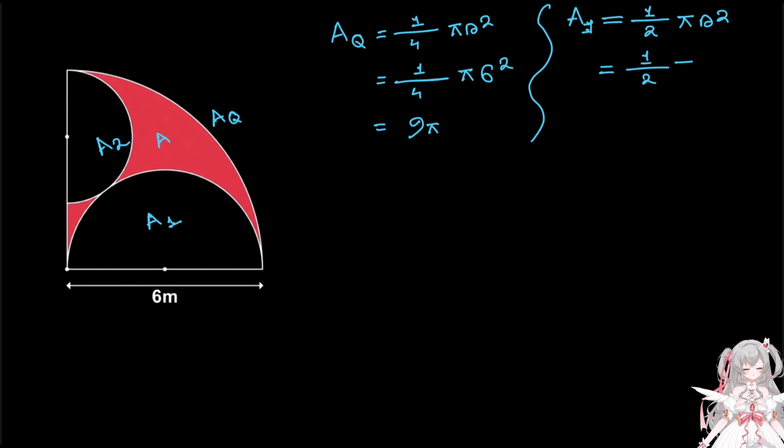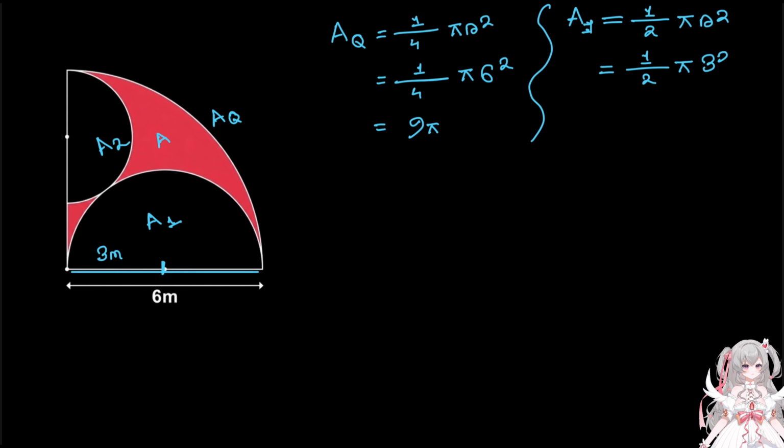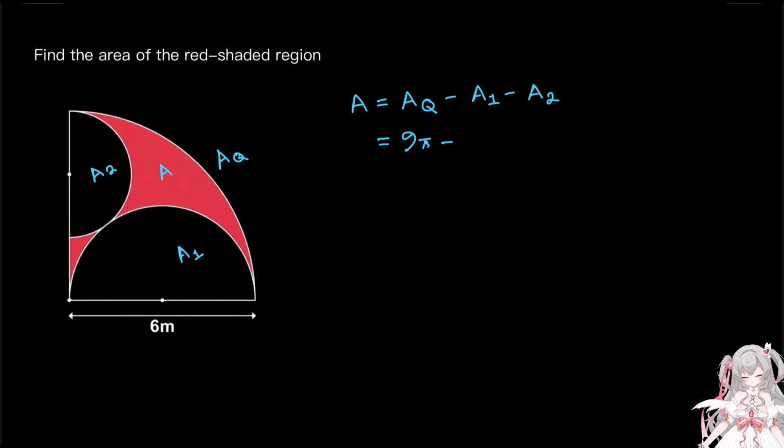And then finding the radius. As I have already mentioned, this whole side is basically the diameter of this semicircle. So if we divide the diameter by 2, then we get 3 meters, which is essentially the radius of this semicircle. So here we would simply input 3 squared. And then simplifying, it gives us 9 pi divided by 2, which we can simply plug in here.